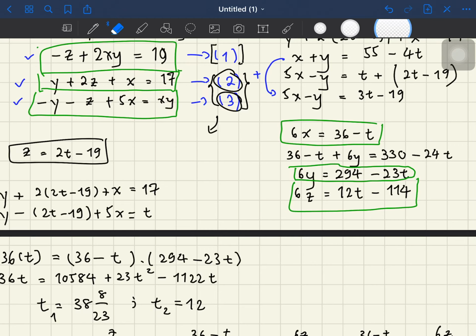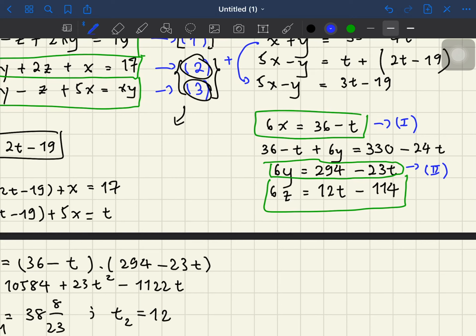So if you multiply this one with this one, you will get 6x times 6y equals 36 minus t, and then times blah blah blah minus 23t, and you realize that xy equals t, then you will have 36t equals something in terms of t.